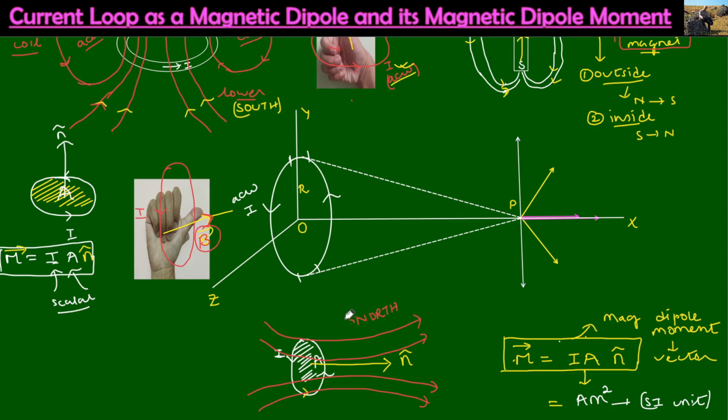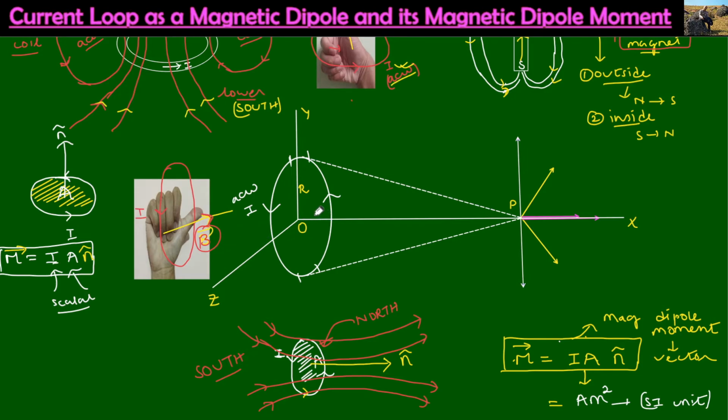I'm talking about this end of the coil. Whereas the other end of the coil, in which the current appears to go through, will behave as the south pole.